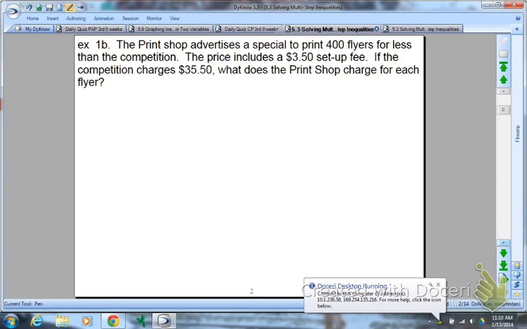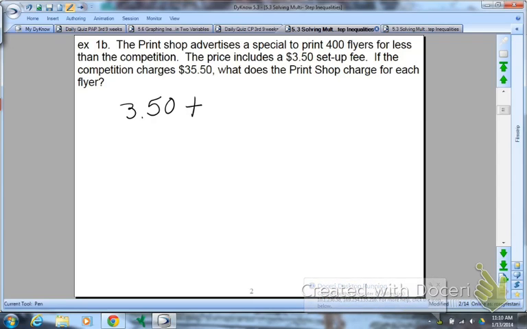The print shop advertises a special to print 400 flyers for less than the competition. The price includes a $3.50 setup fee. If the competition charges $35.50, what does the print shop charge for each flyer? Okay, a setup fee is just a one-time cost. So what we get charged right off the bat, $3.50.